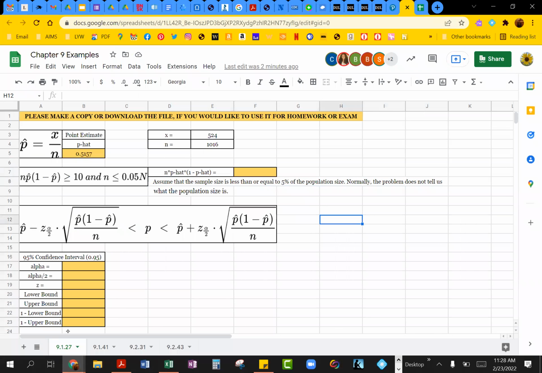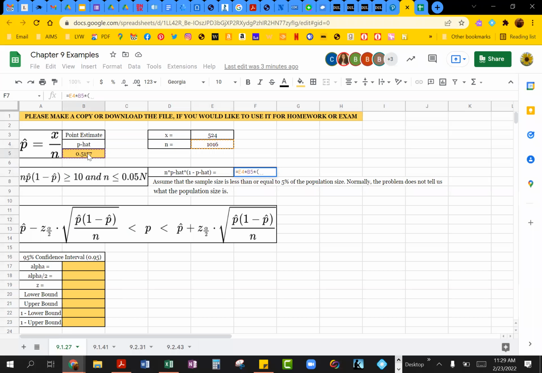Normally, the problem does not tell us what the population size is. So we will make the assumption that our sample size is less than or equal to 5% of the entire country's population. But let's go ahead and calculate this n times p hat times 1 minus p hat. Again, I'm going to use built-in functions for that. So our n value, I'm going to click on that cell, multiply that by our p hat. Click on that cell for p hat, multiply again.